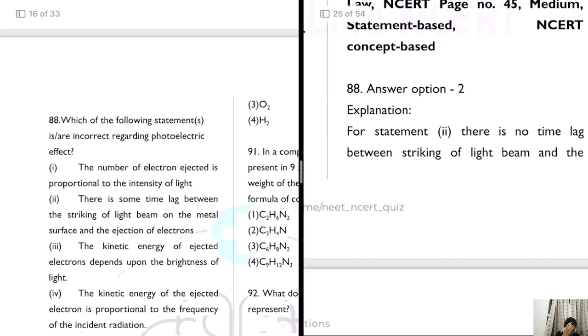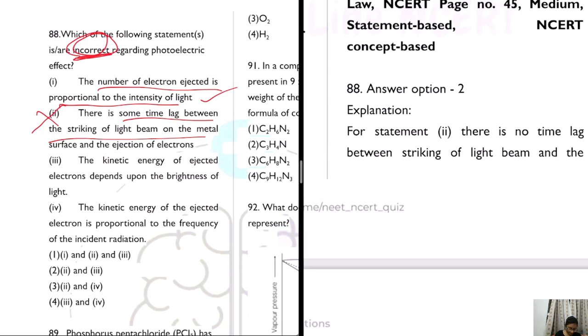Which of the following statements is incorrect regarding the photoelectric effect? The number of electrons ejected is proportional to the intensity of light. Yes, the more the intensity of light, the more photons pass, and the more electrons are ejected. There is some time lag between the light beam striking the metal surface and ejection. No, as soon as it strikes, the electrons are ejected. There's no time lag.